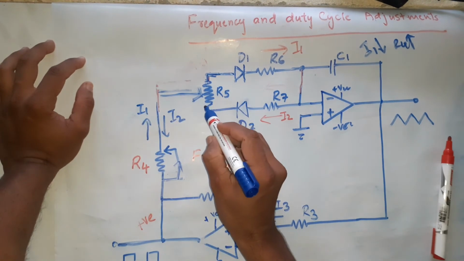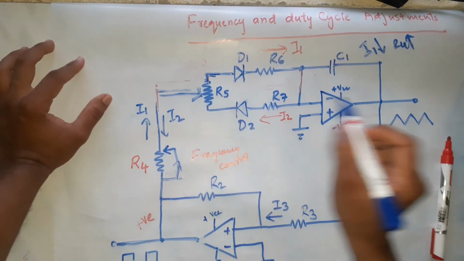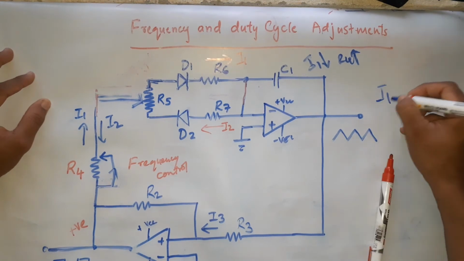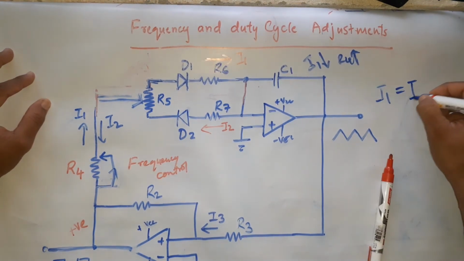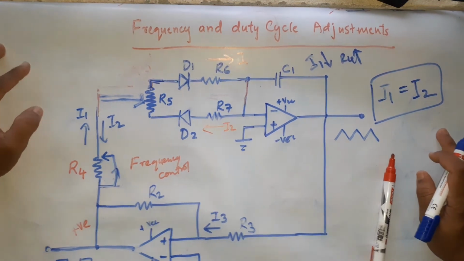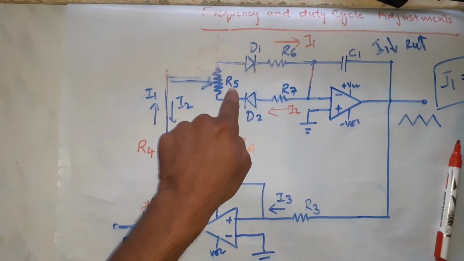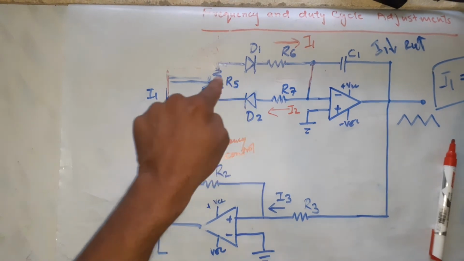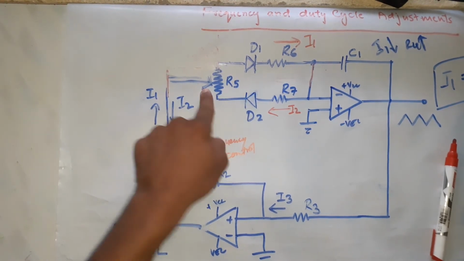If your moving contact is kept at the center of R5, then I say that I1 current is equal to I2, right? Current I1 is equal to I2 if the variable resistance of R5 is kept at the middle, right?